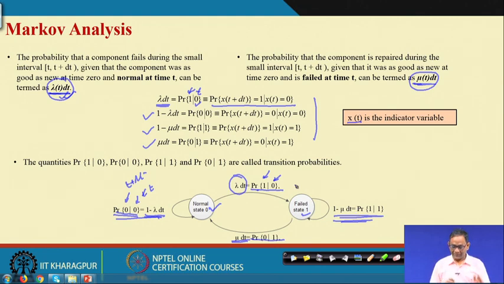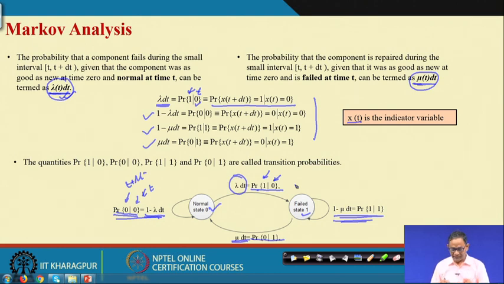Now, with this background, what you want to find out is the unavailability of a system. Here we are basically dealing with a component, but the same analogy can be applied when we discuss system failure also.